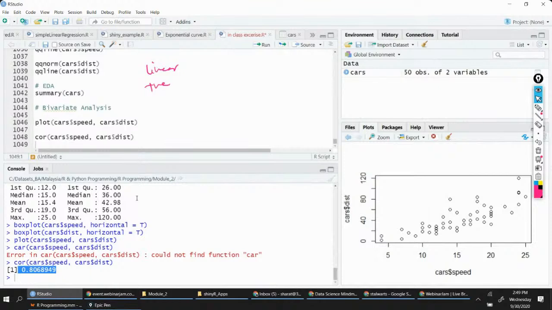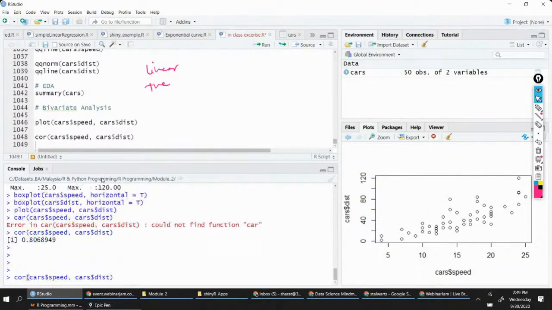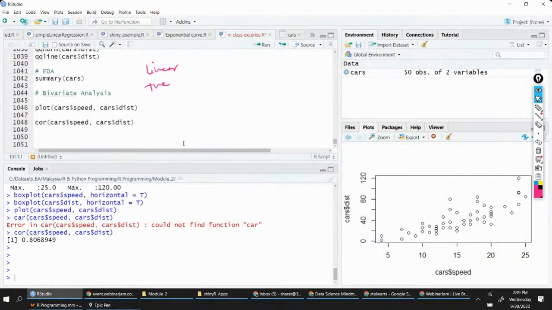Next. Now, once we have analyzed this, we need to come up with regression analysis, linear regression. I'm calling that linear regression as model 1. And we say y tilde x.